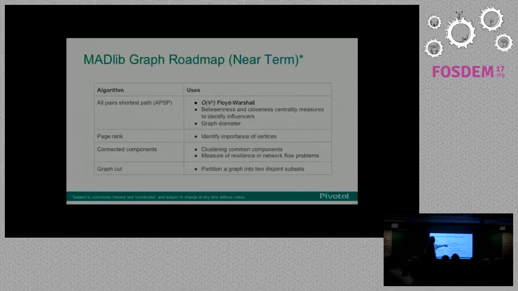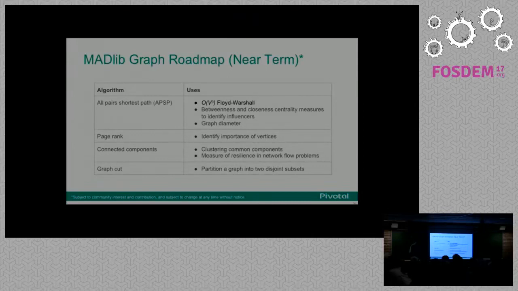There's an algorithm, Floyd-Warshall, that runs in the order of number of vertices cubed, which we're looking at. The reason this is interesting is that once you have all pairs shortest path, you can get some really interesting measures, like betweenness.